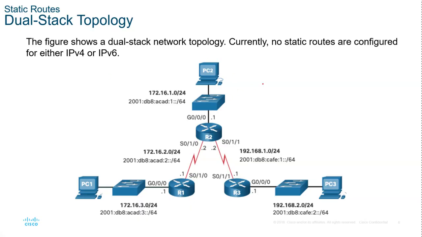As you can see, it's almost the same as having a router here like this, and then you have another router with this LAN. This is router 2, this is router 1 and 3. So the network addresses are here.